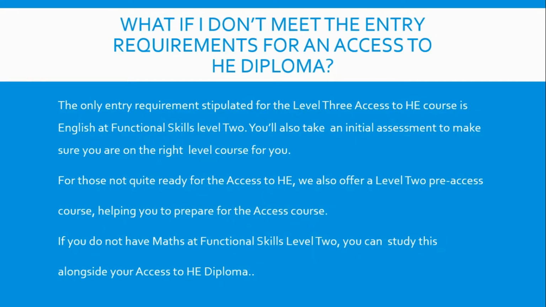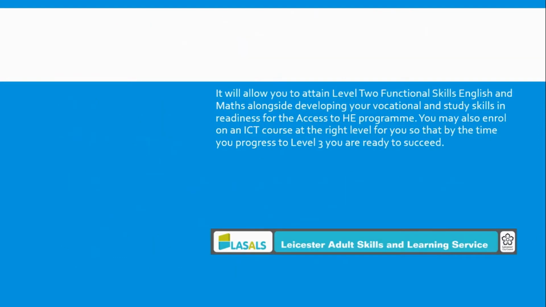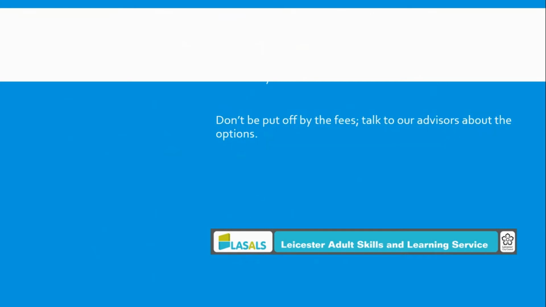So it's a combination of that and your previous requirements that help us to decide which is the right course for you. If you're not quite ready for the access, we also have a pre-access course which is at level 2, and that's running on a Wednesday. And unlike the access, it won't be every week while we're socially distancing. The model for that one is that you'll come every other week, again with plenty of work to do independently in between.